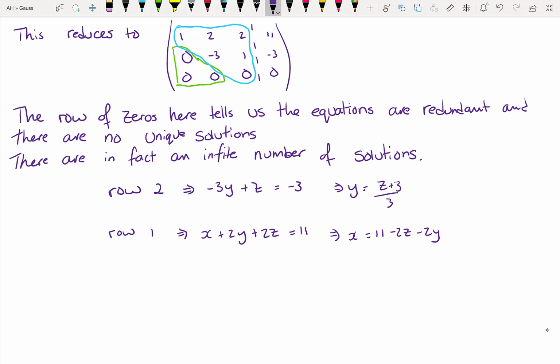So the first thing we'll do is get everything over to the other side. That makes x equal to 27 minus 8z over 3. Again, I'm just taking this and substituting it in for y.